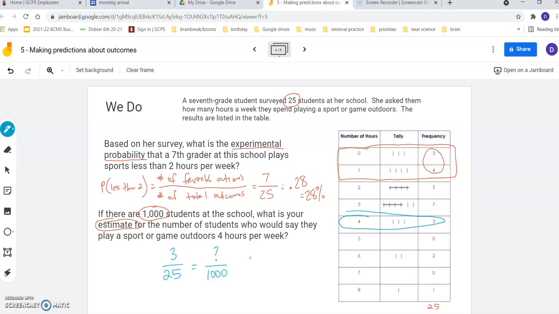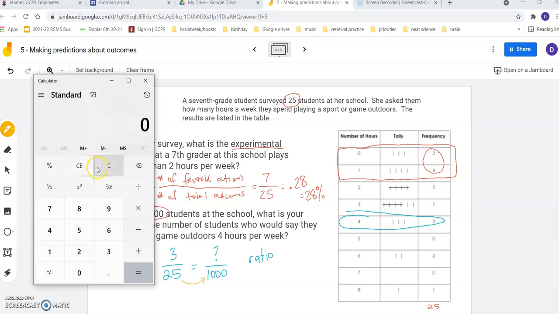Now I've got myself a nice ratio and can apply any ratio strategy I like. If 3 out of 25 did, how many out of 1,000? So I'm going to apply my proportion strategy, though any ratio strategy would be fine. Let's see, my whole is now 1,000 instead of 25 in this ratio. 25 times what is 1,000? Going to need some help.